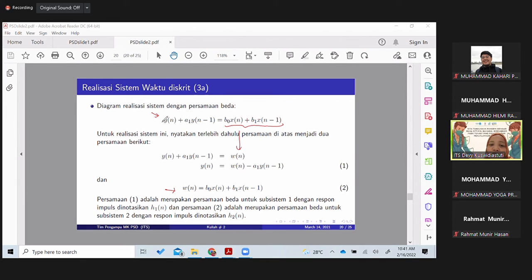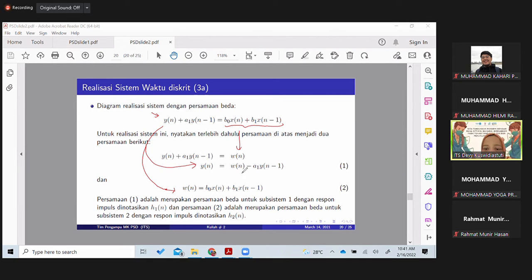You have to change this expression into this kind of expression, yn equals something, so you can make sure that the output will depend on everything on the right side of the equation.